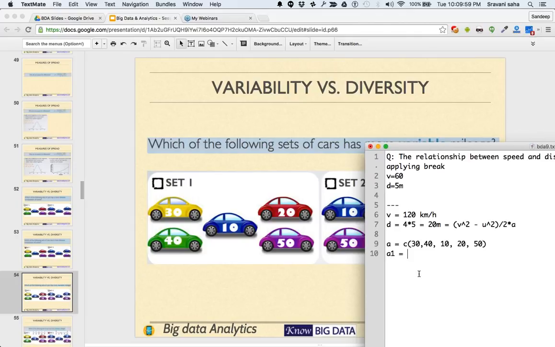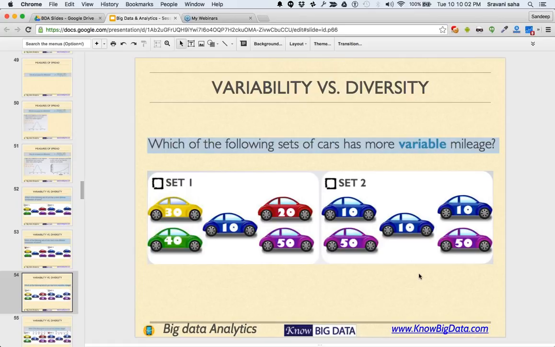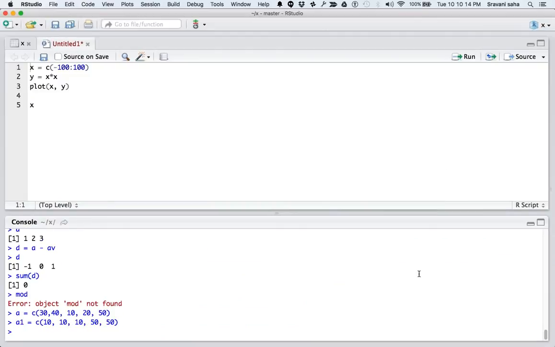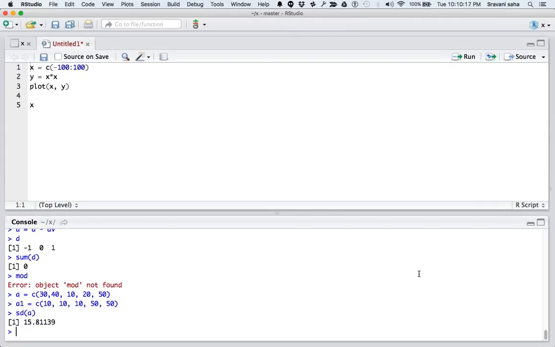And A1 equals 10, 10, 10, 50, 50. Let's compute the standard deviation of A and A1.